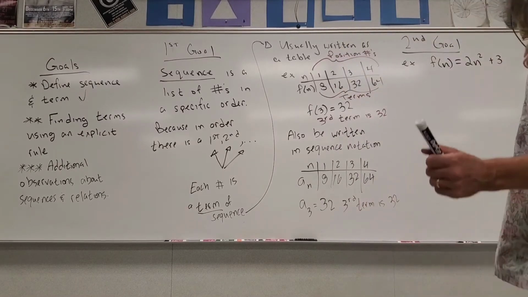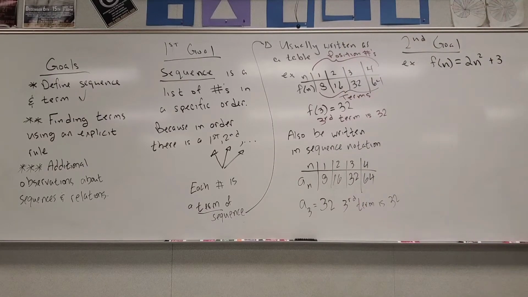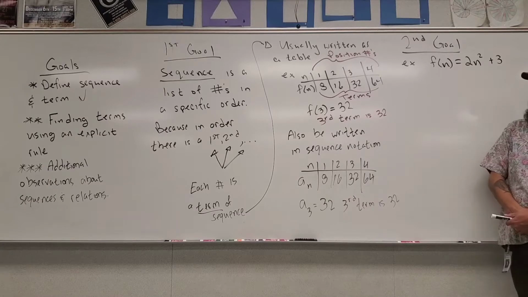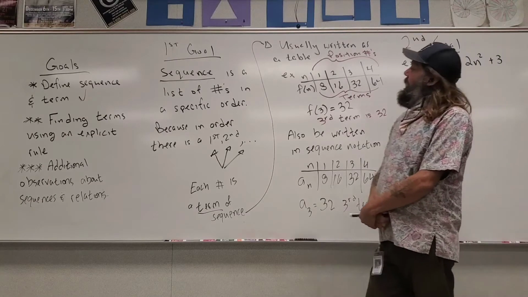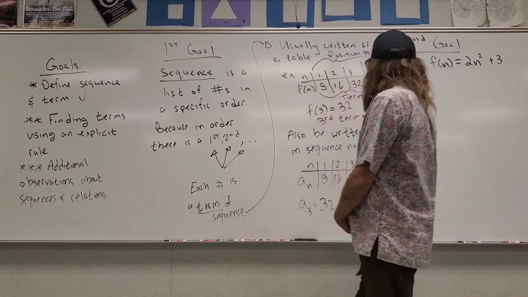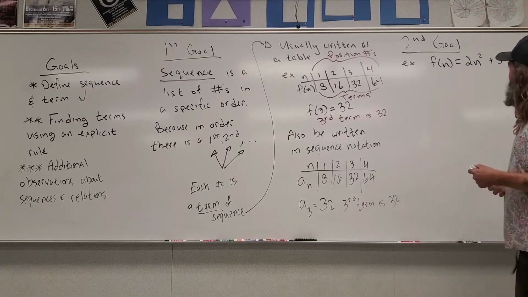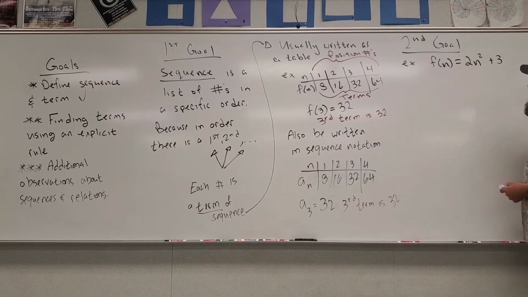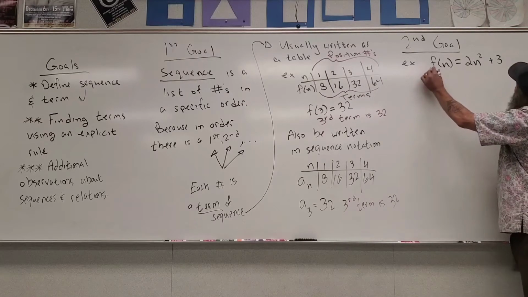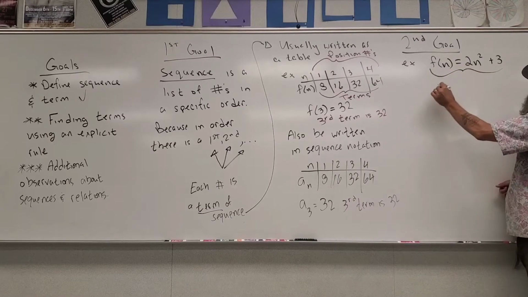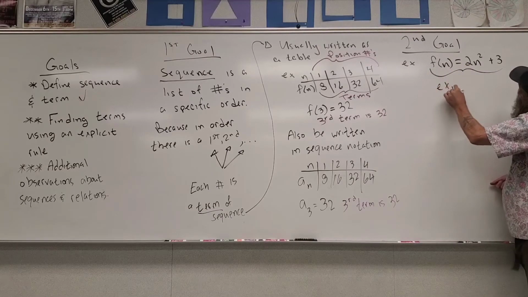All right, so I'm on to my second goal, and our second goal is going to be to find terms using an explicit rule. So an explicit rule is a really fancy way to say an equation. Or, that's basically it. So right here, this example, this is an explicit rule.